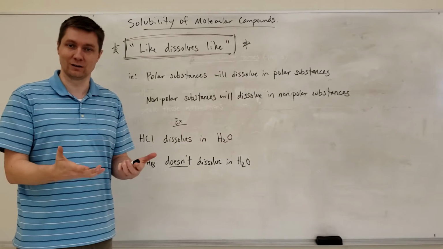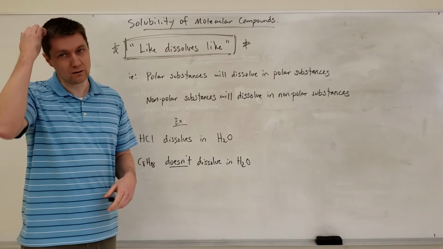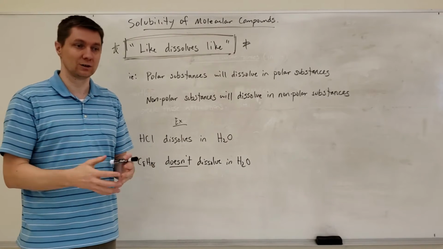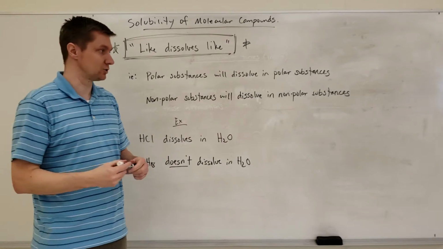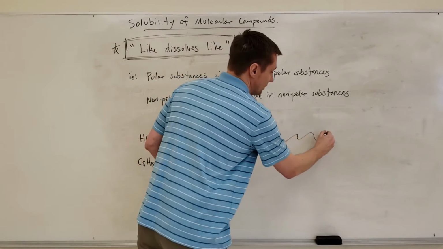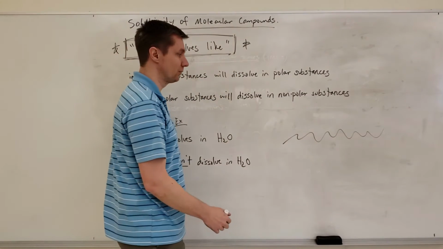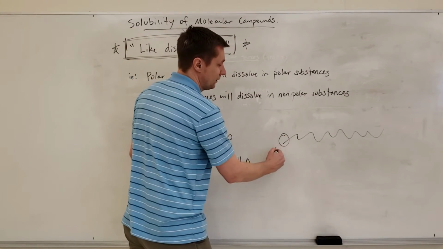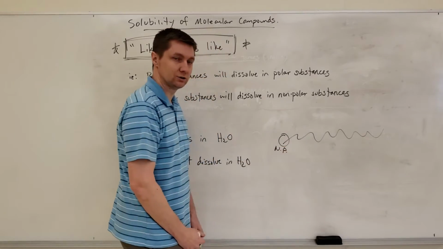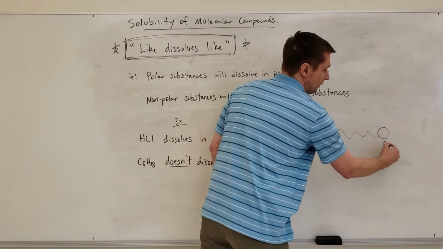And when you use soap in doing the dishes, you have a soap molecule that's actually quite long. It's a really long chain of carbons, and on one end of the chain it's non-polar, and on the other end of the chain it's polar.